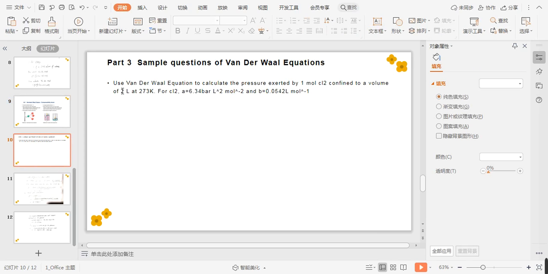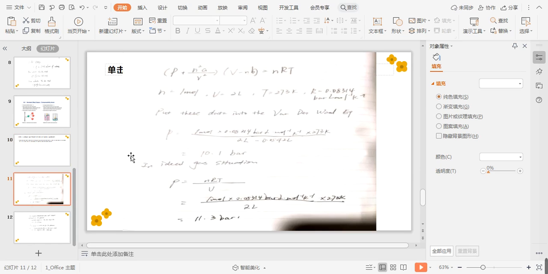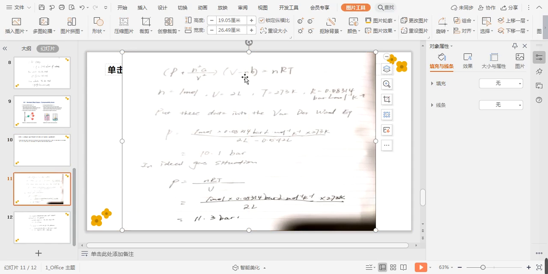So I give you a question to do. Use the van der Waals equation to calculate the pressure exerted by 1 mole of CO2 confined to a volume of 2 L at 273 K. For CO2, A is equal to this, and B is equal to this. And this is my solving process. Sorry, it's a little unclear, but you can still see the data.